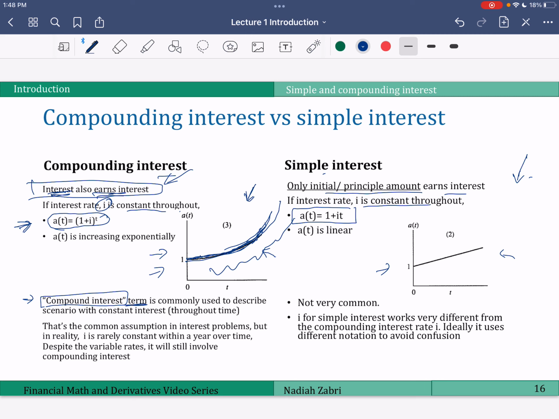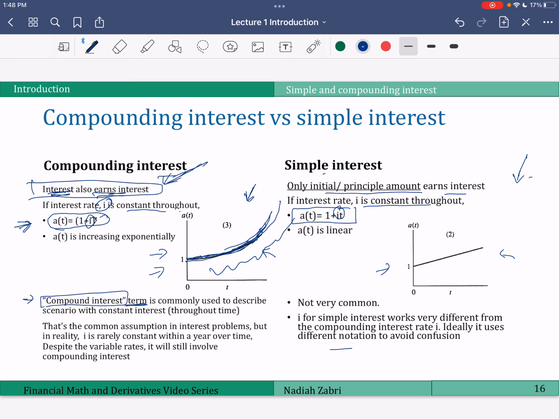Alright. Also, as I said just now, compounding interest, where interest earns interest, is the most common way interest is accrued in our financial instruments. Simple interest is less common. And also, I want to highlight that both use i, right? However, these two i's are two different animals.